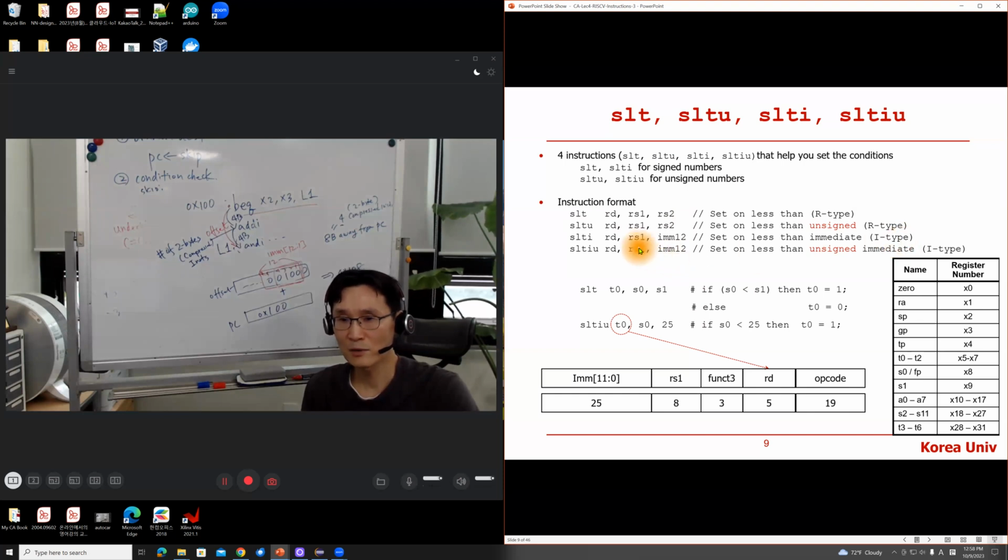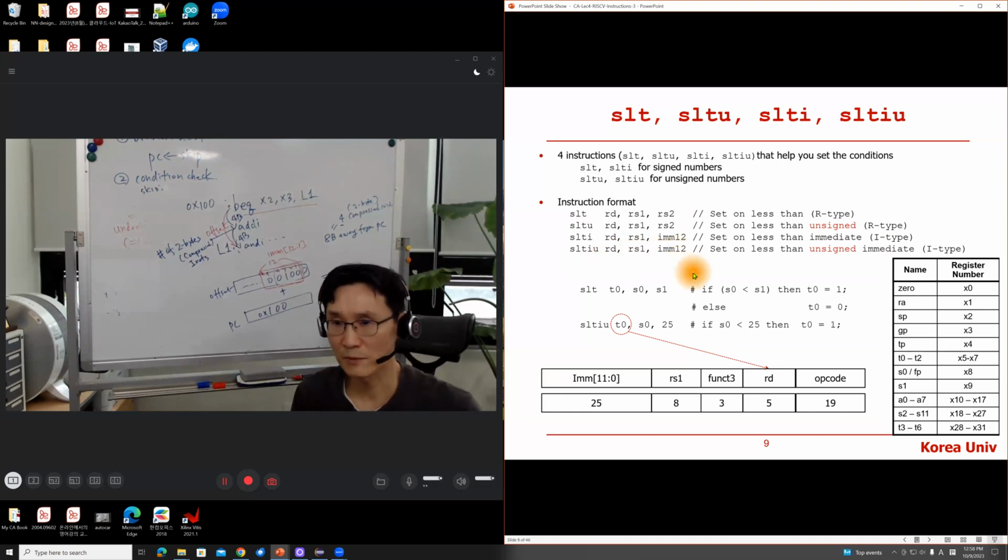So first source RS1, and then second source immediate. These two are signed integers, RS1 and immediate, and the last one, SLTIU, has the second operand as immediate, and these two are unsigned numbers.